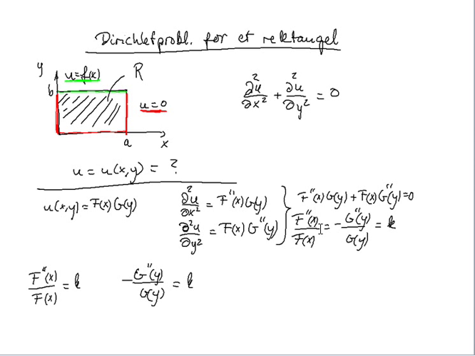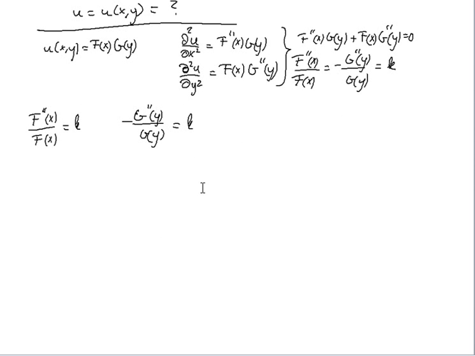And exactly as previously, we get that this function and this function must be a constant, because it's not possible for a function which is dependent of x to be equal to a function dependent on y unless these functions are constants. So as before, we get 2 equations.